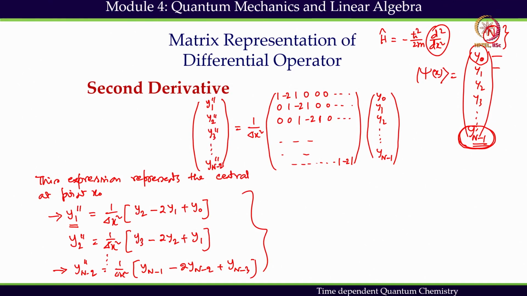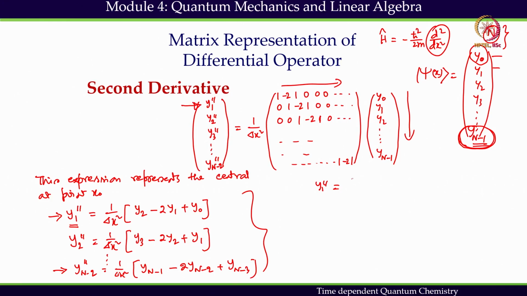Because if we multiply this operator, this matrix, by this matrix, then what will happen? I will end up with y1 double dash. I have to equate the left hand side element to the right hand side element. So in that case, I will be equating this y1 value to the first product.